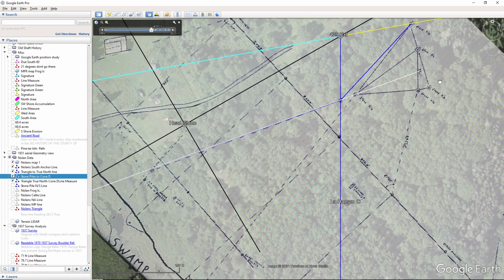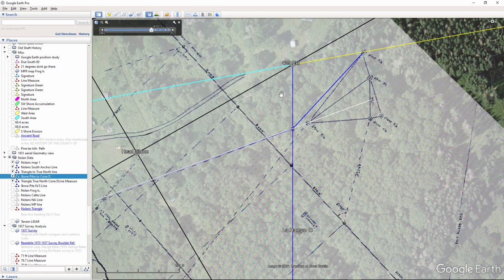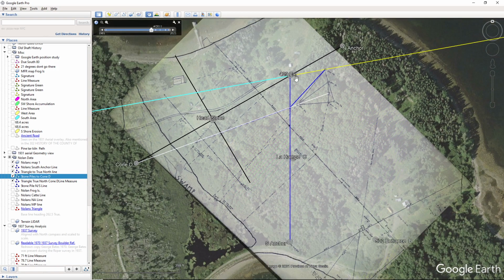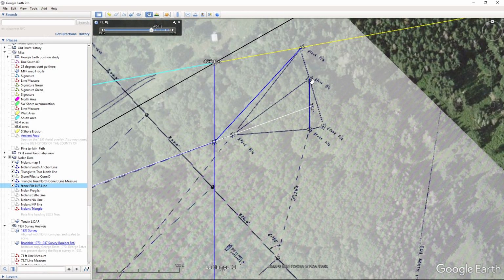So the next thing is we have a reference now to the axis of Nolan's cross. So we also have another stone piles that run north and south, true north and south, that are on here.